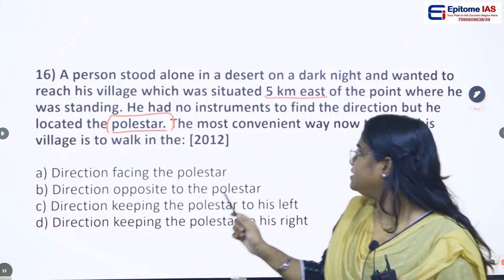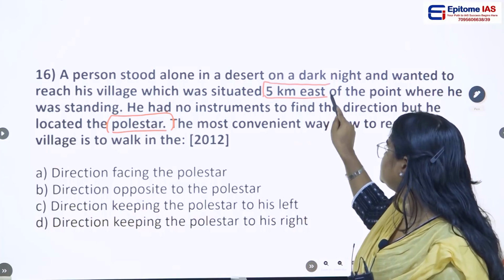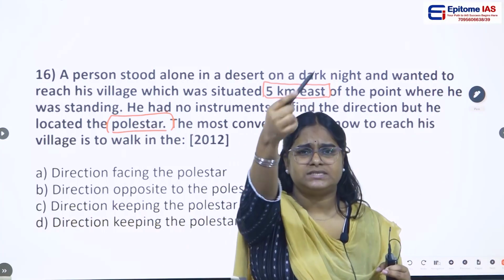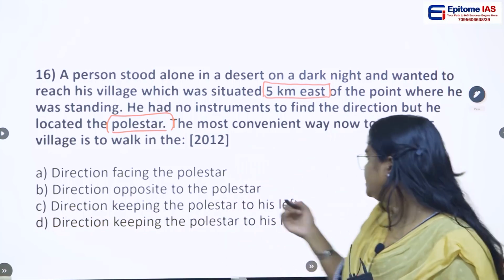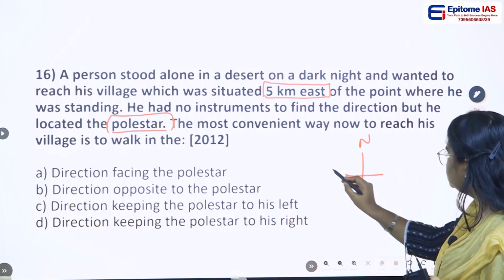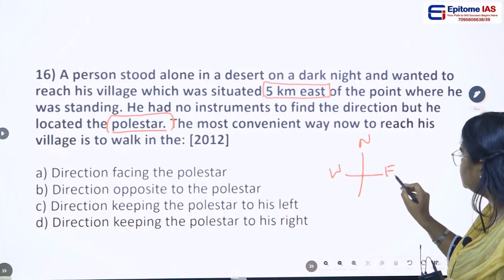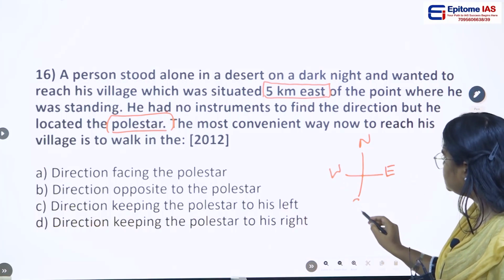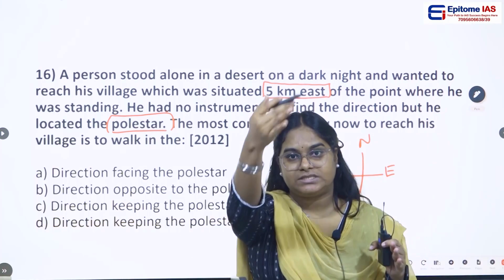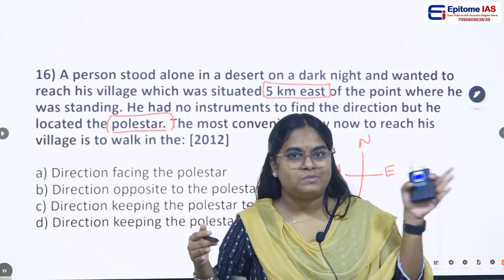Now what they are saying is his village is situated 5 kilometers east. So this is north. What will be the east? Let's say this is north, this is west, this is east, and this is south. So if you see here, I am facing north, so I should be moving towards my left.